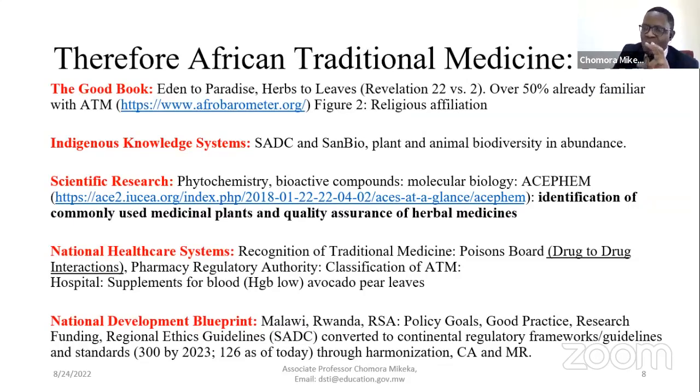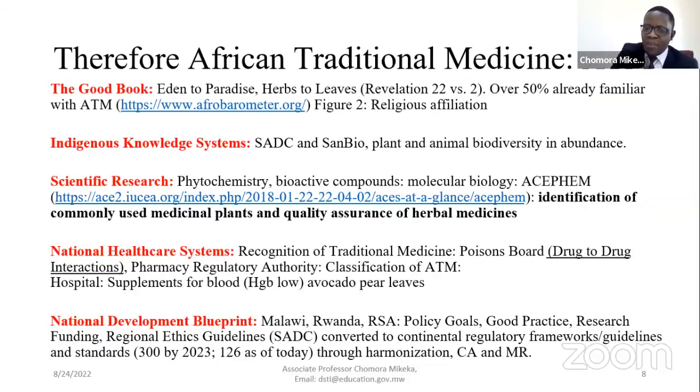In national development blueprints, for example in Malawi, Rwanda, South Africa, Namibia, Morocco, Egypt, Kenya, you find that there are policy goals, good practices, research funding, and regional ethics which guide good practices, from where continental regulatory frameworks can be abstracted, but also standards developed through harmonization processes, conformity assessment, mutual recognition, or reliance systems, which my friends will be talking to.